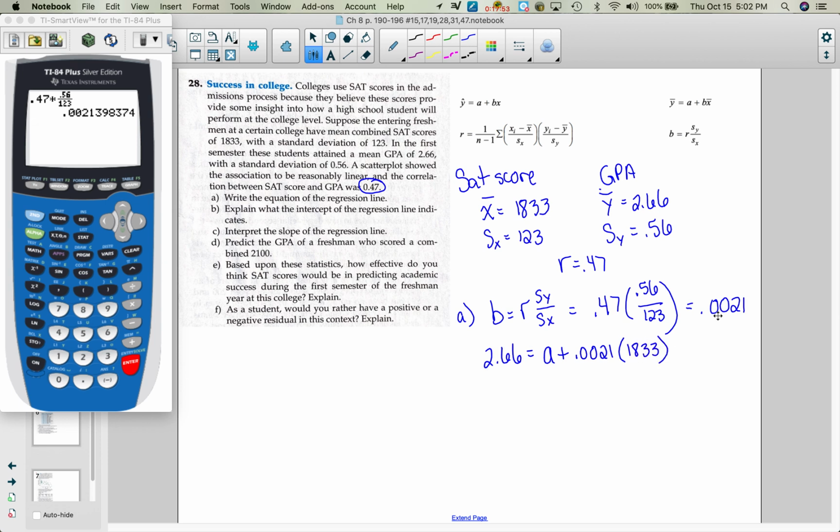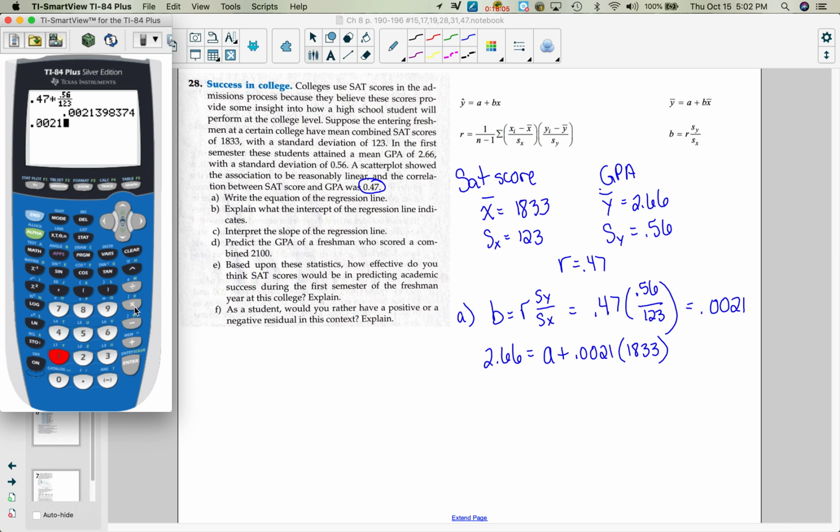Now keep in mind, this 0.0021 was rounded, so I'm using a rounded answer to go on, which is not the best idea, but we're doing it. So 0.0021 times 1833, and I want 2.66 minus that.